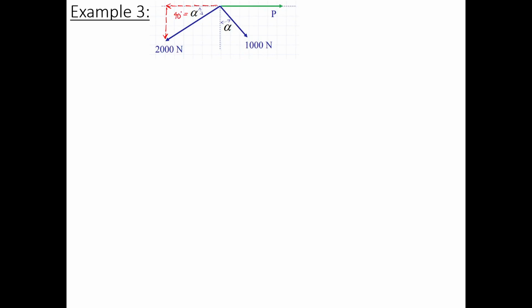So this will be your F1x, and this one is your F1y. So draw your triangle first for the first force. It can be a hidden line, as long as you know the designation of the forces.